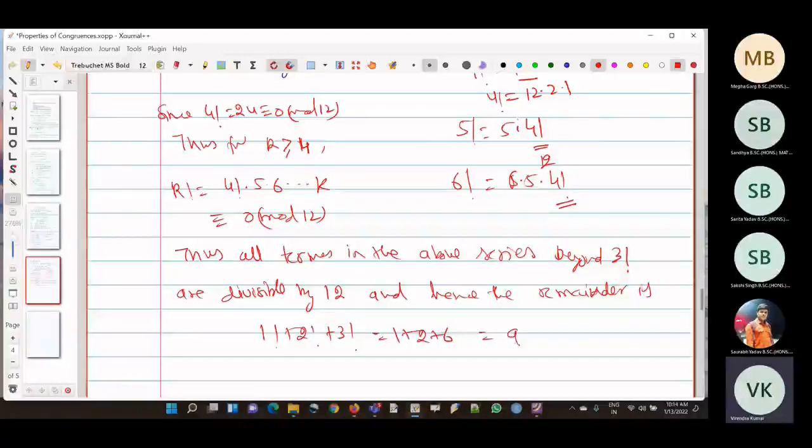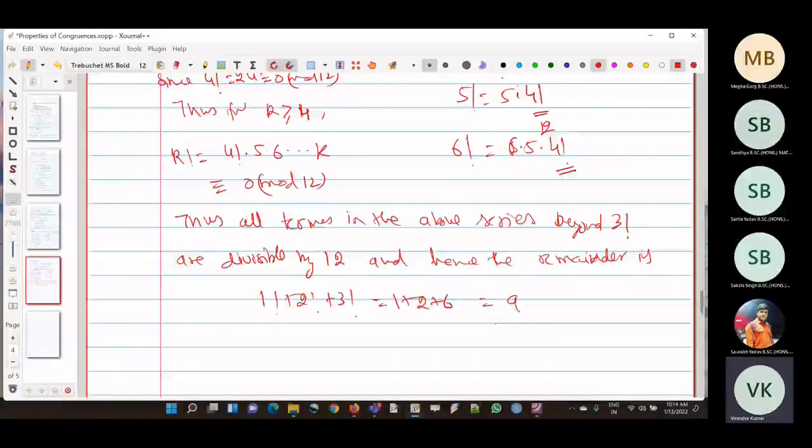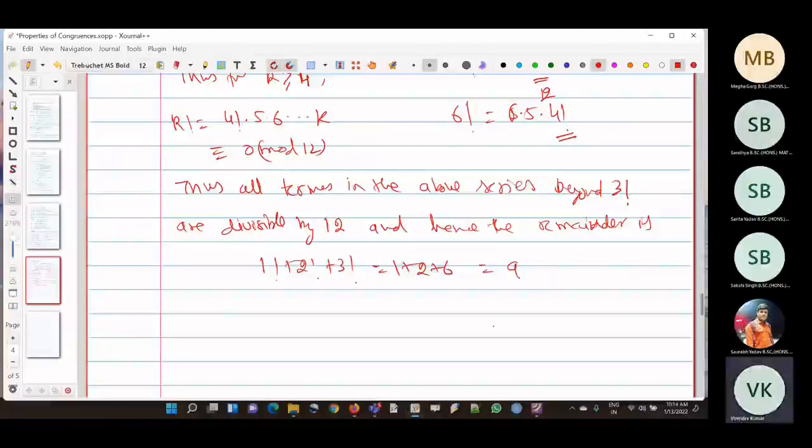This is equal to 9. Okay, so the remainder is 9.